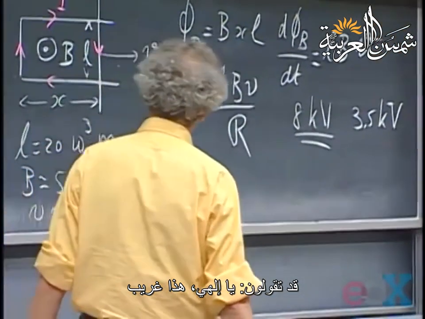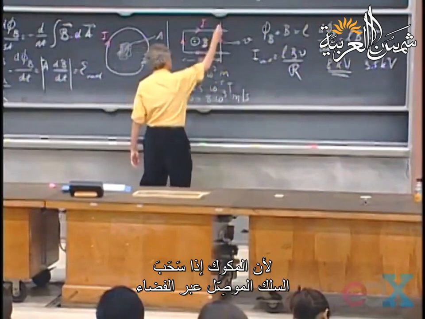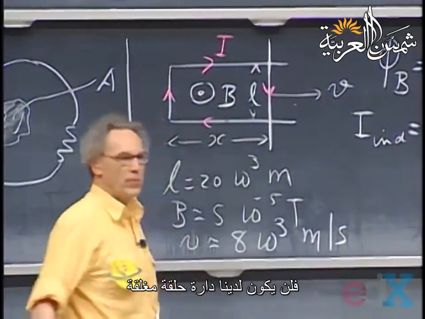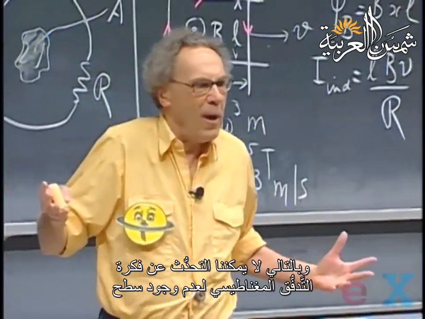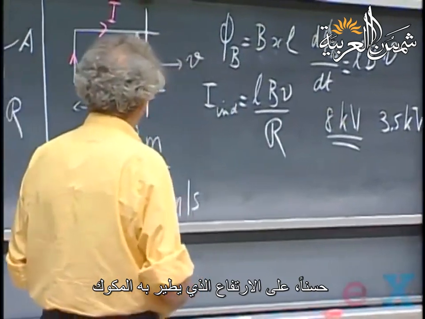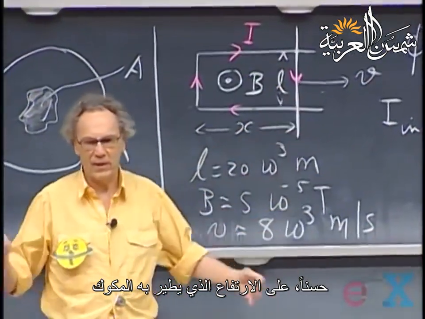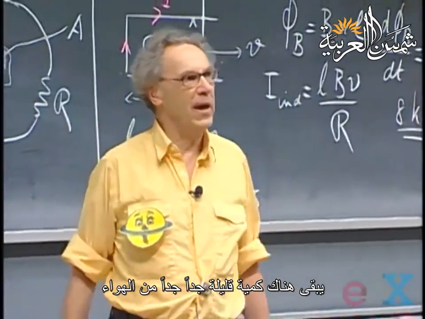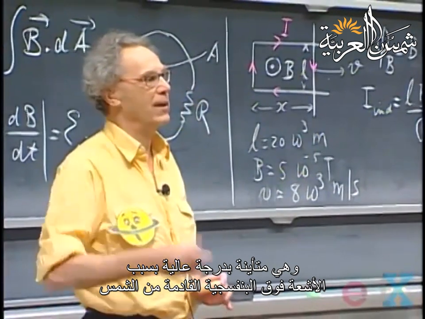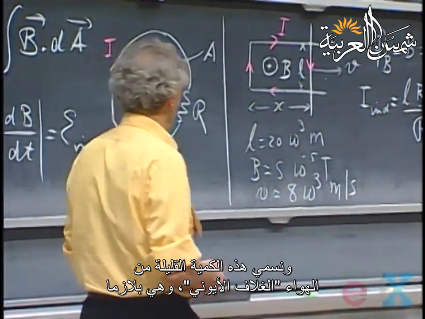You may say, gee, this is strange, because if you just drag a conducting wire through space, you don't have a closed loop circuit, so you can't talk about the idea of a magnetic flux, because you have no surface. Well, at the altitude where the shuttle is flying, there is still a teeny-weeny little bit of air, very little, but some, and that is highly ionized because of the ultraviolet light from the sun. We call that the ionosphere. It's a plasma.